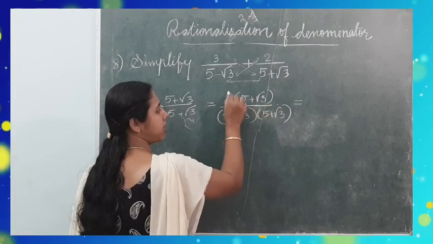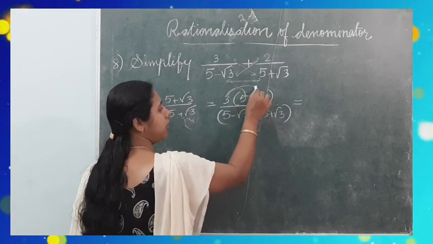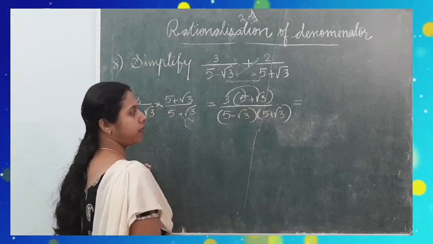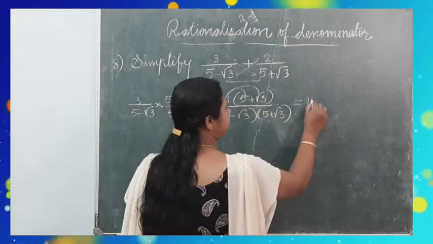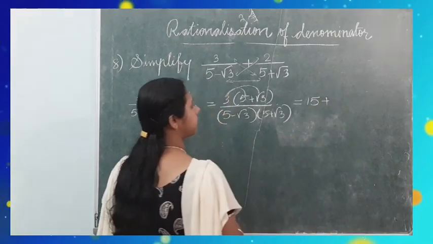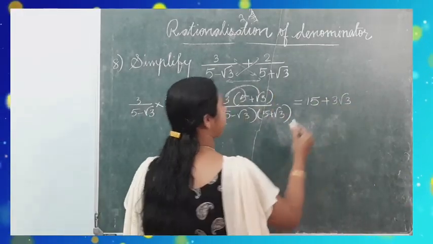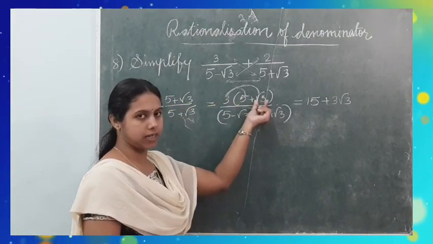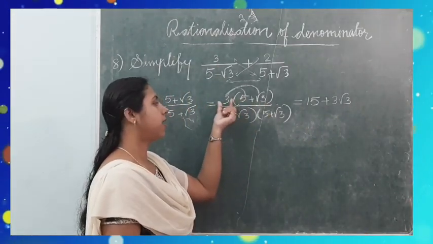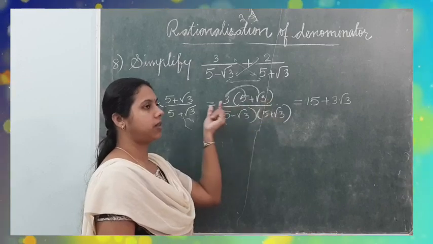So first multiply 3 into 5, then 3 into root 3. So 3 5s are 15 plus 3 into root 3 is 3 root 3. Don't forget to multiply the second term as well. You should multiply both the terms with the 3.